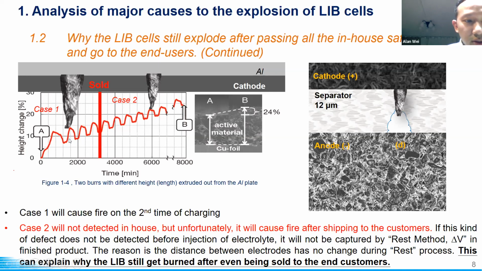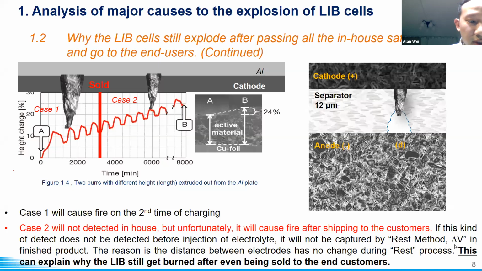After the second time of charging, you can see the anode will reach the particle and get short. Probably this kind of defect product will be captured in-house. And how about case two? If the particle or the burrs are shortened, then they will not be captured in-house.